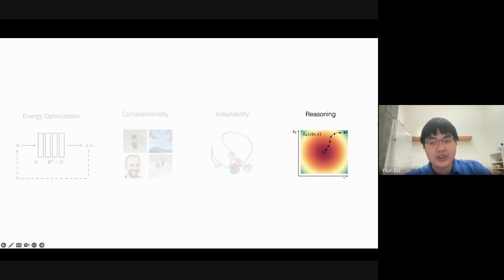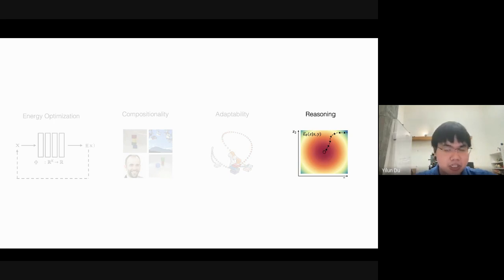The idea is that you can formulate finding the solution of this matrix problem as essentially running this energy optimization procedure, where you have an energy landscape over possible solutions Z, and you run this optimization procedure until you get a minimal energy solution.